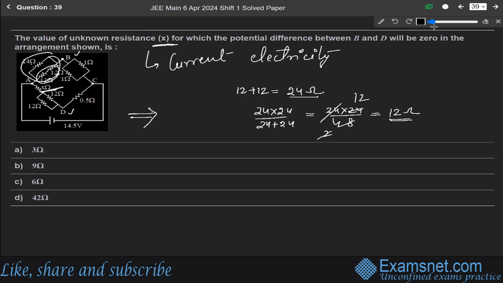Similarly, this 1 ohm and 1 ohm are in parallel, so they form 1 into 1 over 1 plus 1, that is 1 over 2, which is 0.5 ohm. And this is 0.5 ohm. Now these 12 ohm and 12 ohm are in parallel, so they form 12 into 12 over 12 plus 12, so 12 into 12 over 24, 2 sixes are 12, 6 ohm.